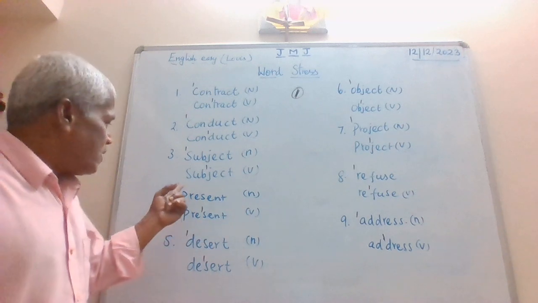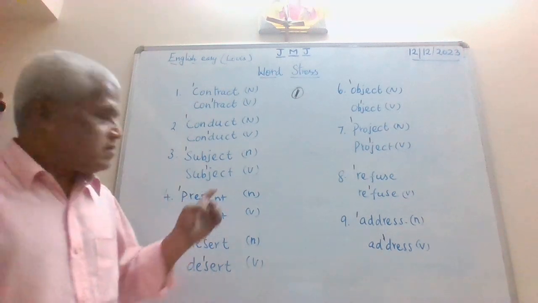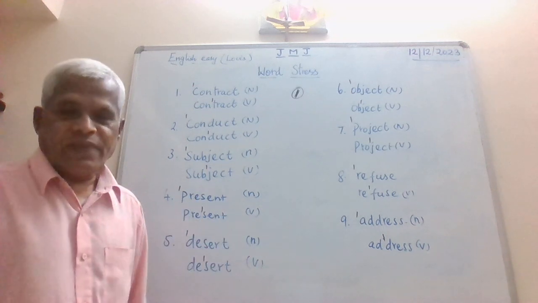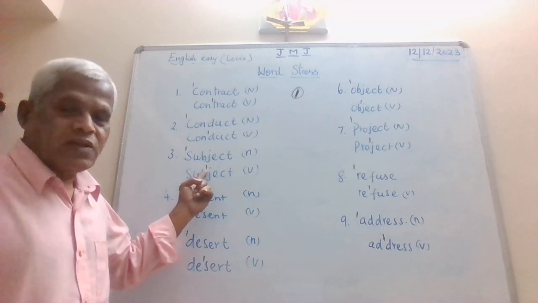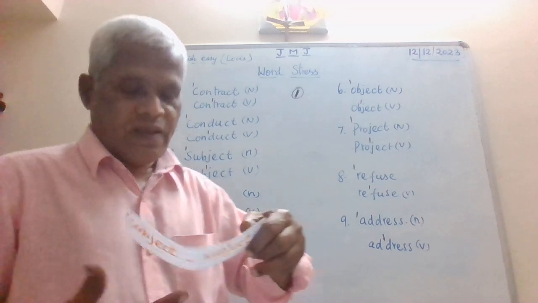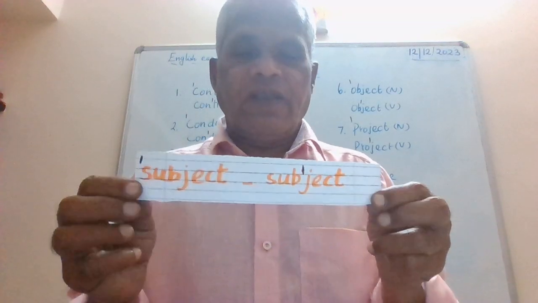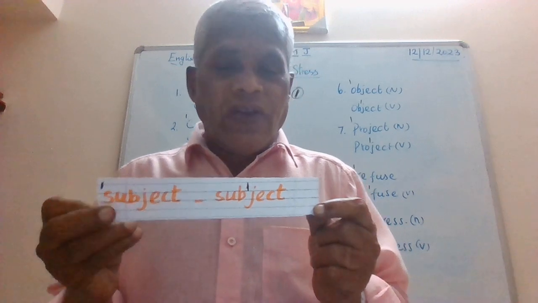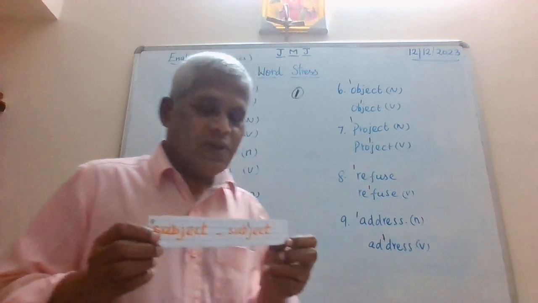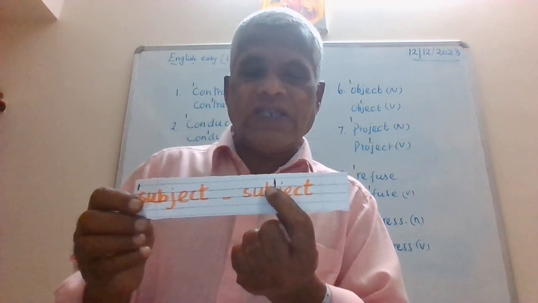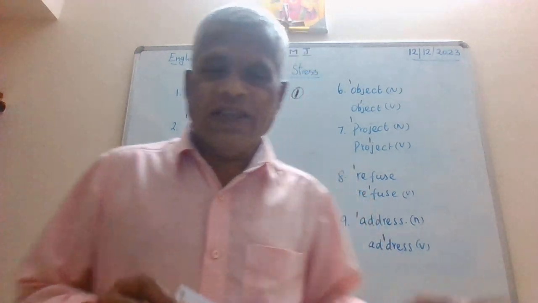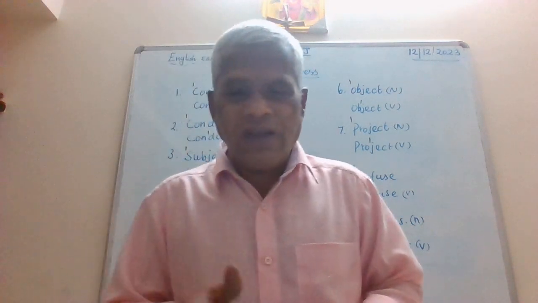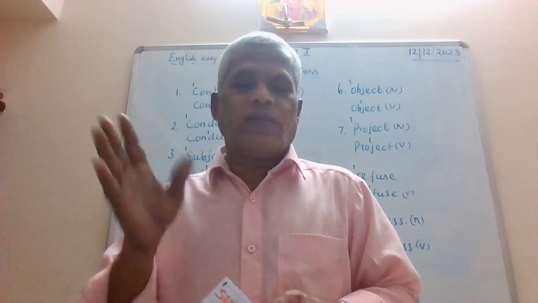And of course, when you look at the next one, subject, the stress is on the second syllable. When you have the stress on the second syllable, it means you are subjected to do something.